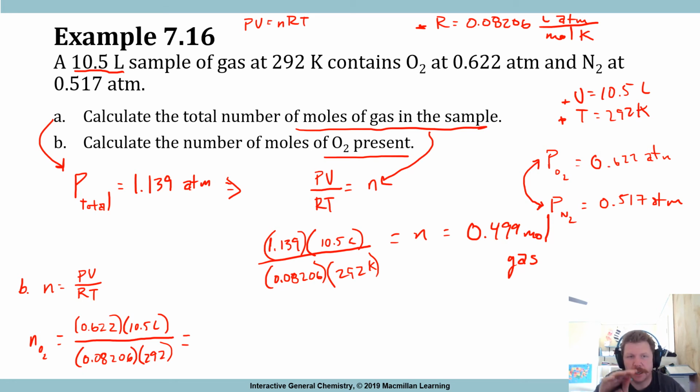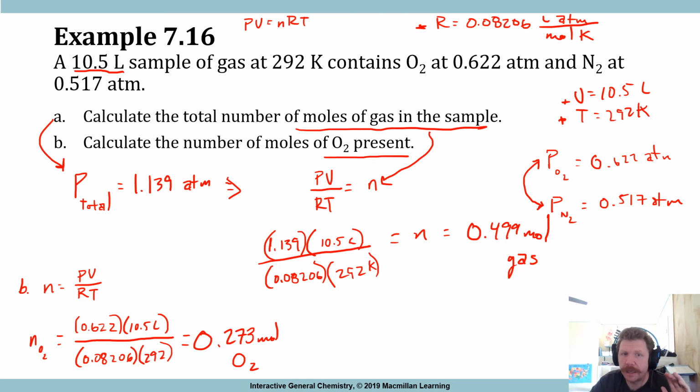But that's fine. I'm just looking at the fraction that is O2. So 0.622 times 10.5 divided by 0.08206 times 292, and I get 0.273 moles of O2.